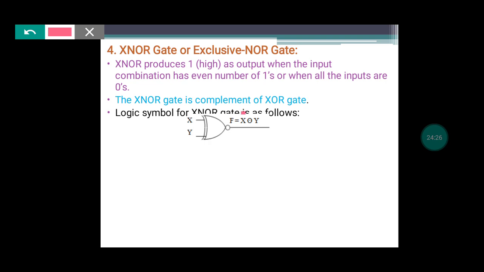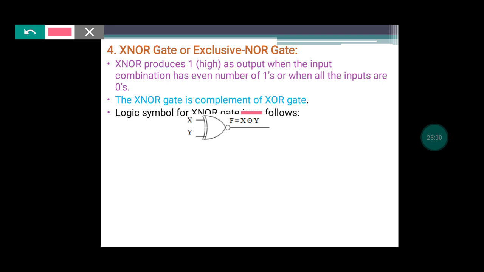See this, what is the behavior of this gate? X XNOR Y produces 1 or high as output when the input combination has an even number of ones. It is exactly opposite of the XOR gate, I am telling. So if we have an even number of ones, suppose 1 1 0 like this, then only we are going to get output signal as 1.